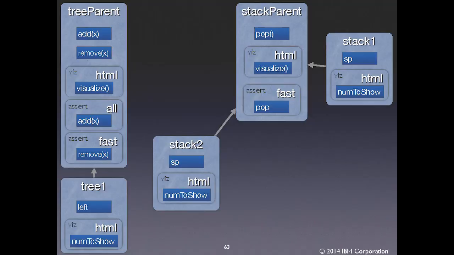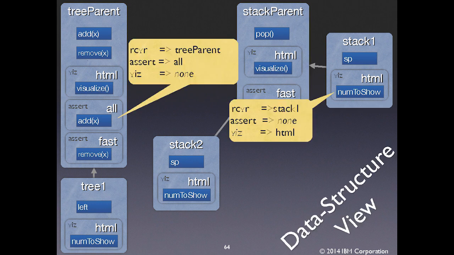We've put an asymmetry in the way you're seeing this to fit the task at hand. And the environment can give you more information. Like it can say, this slot here, visualize, is connected to the HTML coordinate along the viz dimension. So when I have my context set that way, I will see this slot. And this just shows you some of that stuff. Here's a num to show in the visualize that shows how many stack elements will be shown in the visualization.